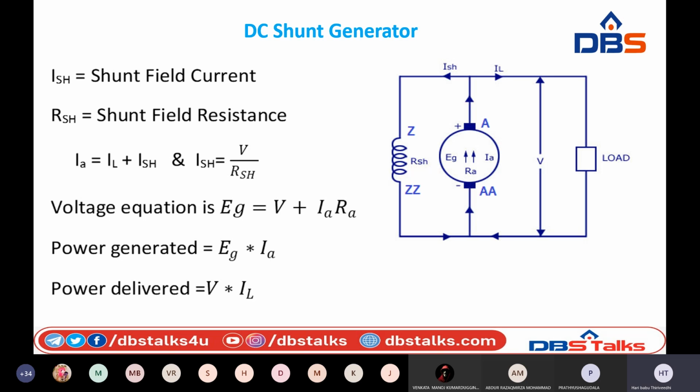That's why EG is equal to IARA plus V. IA means IL plus ISH, and ISH means V by RSH. As usual, power generated: where will the power be generated? Power will be generated in the armature itself. Armature voltage EG, armature current IA. That's why power generated is equal to EG into IA. Power developed is V into IL.